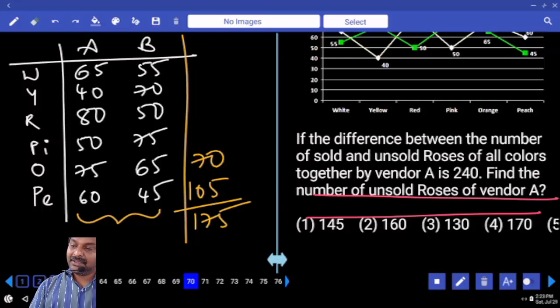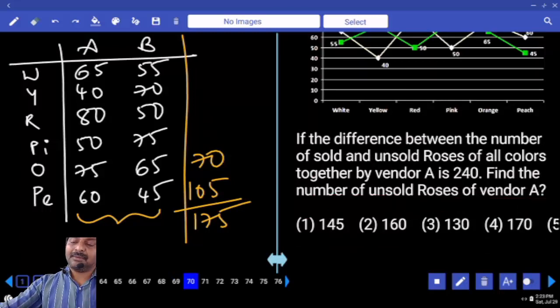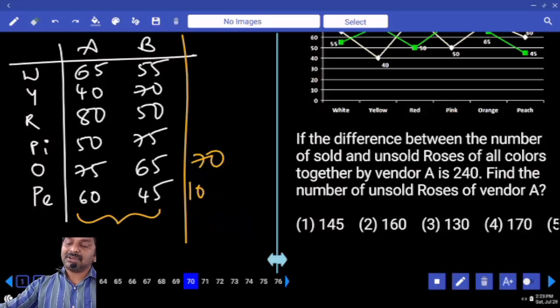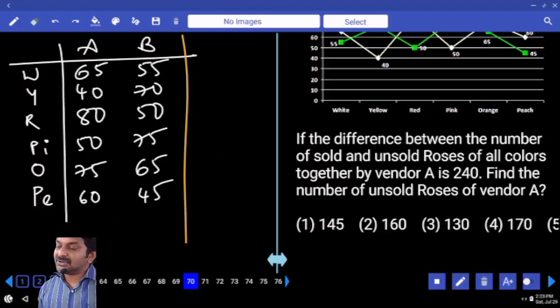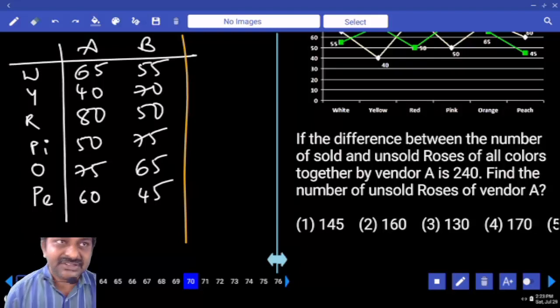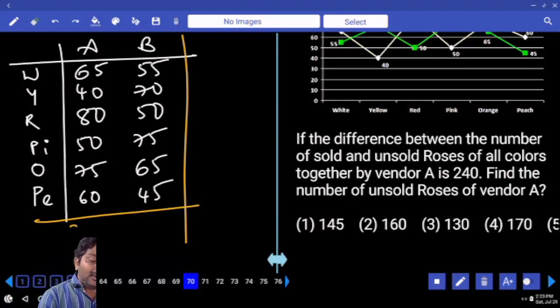175. If the difference between number of sold and unsold roses of all the colors together by vendor A is 240, find the number of unsold roses of vendor A. Difference between sold and unsold. See, from one of the earlier questions, we know that total roses are 370 only.